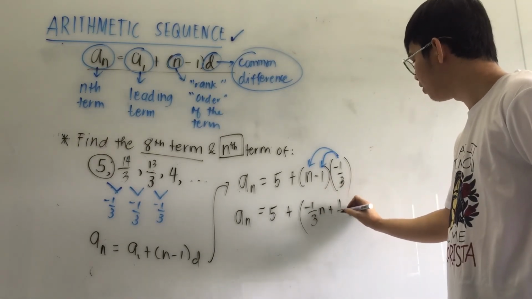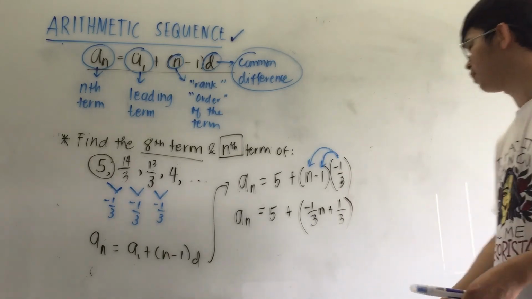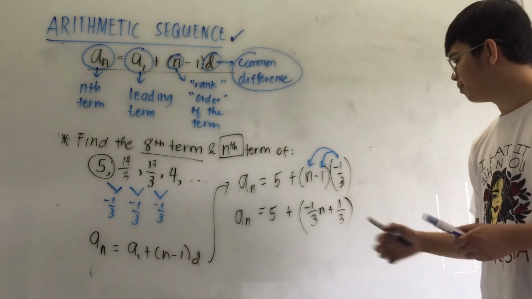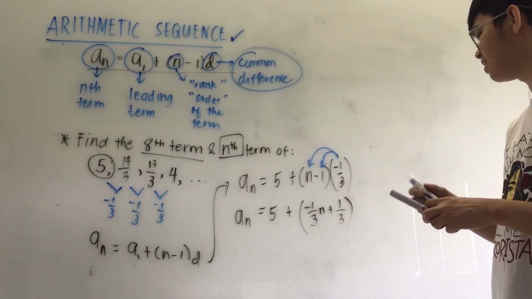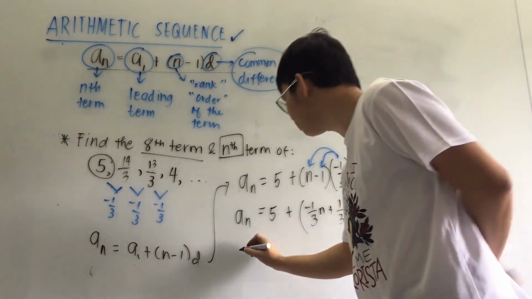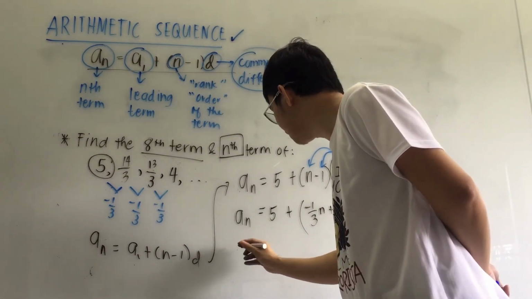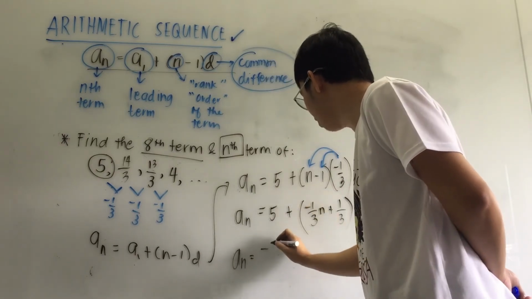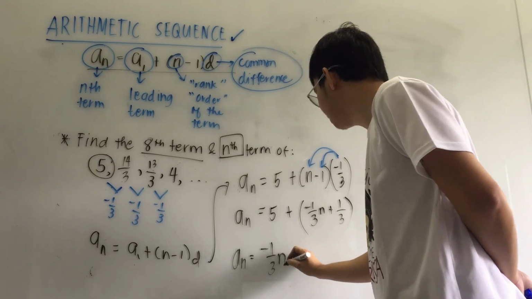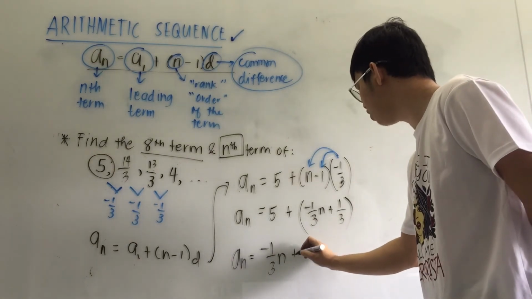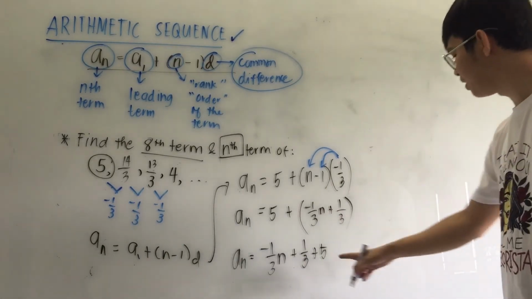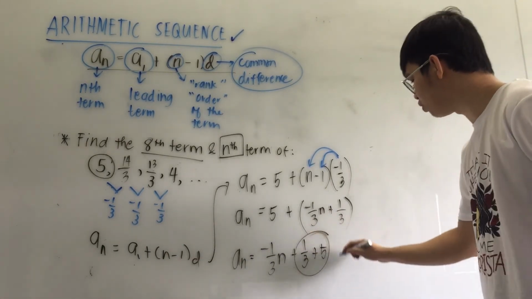plus 1/3. Okay, so that's it. So you just have to simplify this to become a sub n equals negative 1/3 n plus 1/3 plus 5. But now we still have to add these two.